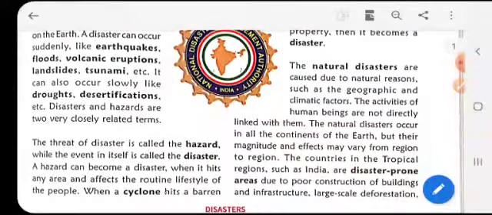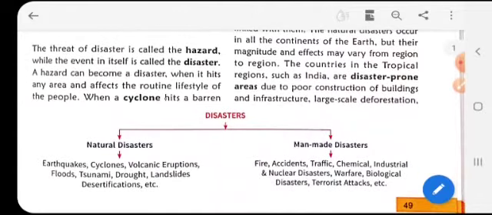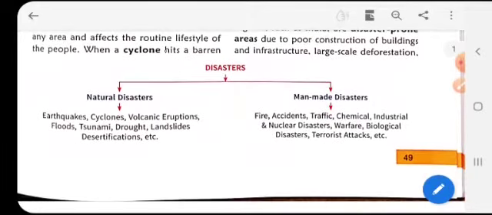Now, the natural disasters are caused due to natural reasons like the geographic and climatic factors. And some of the countries are disaster prone areas which suffer a lot of destruction to the infrastructure and large scale deforestation. So here we can see the flow chart where it defines that disasters can be of two types, that is natural disaster and man-made disaster.